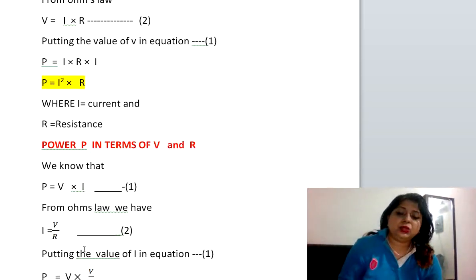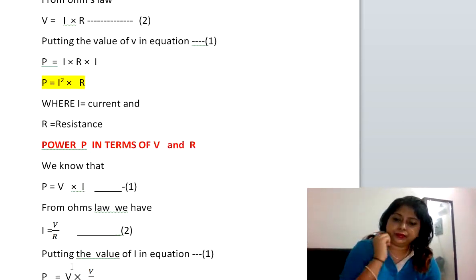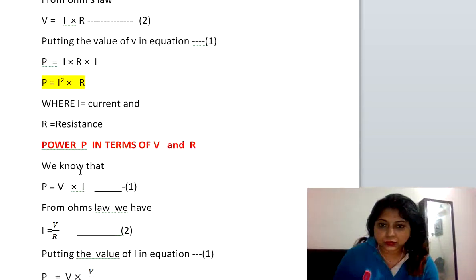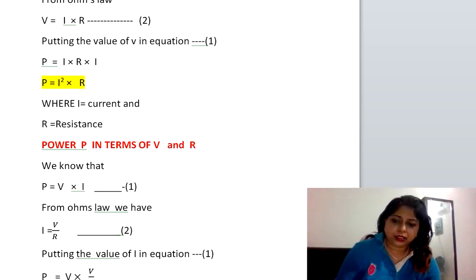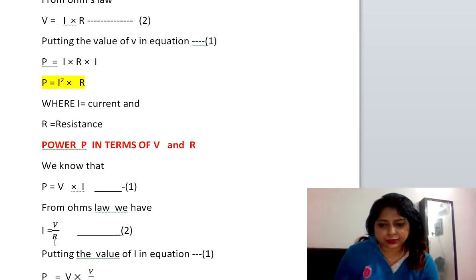So V equal to IR, so I can write I equal to V upon R. This thing I have written here.